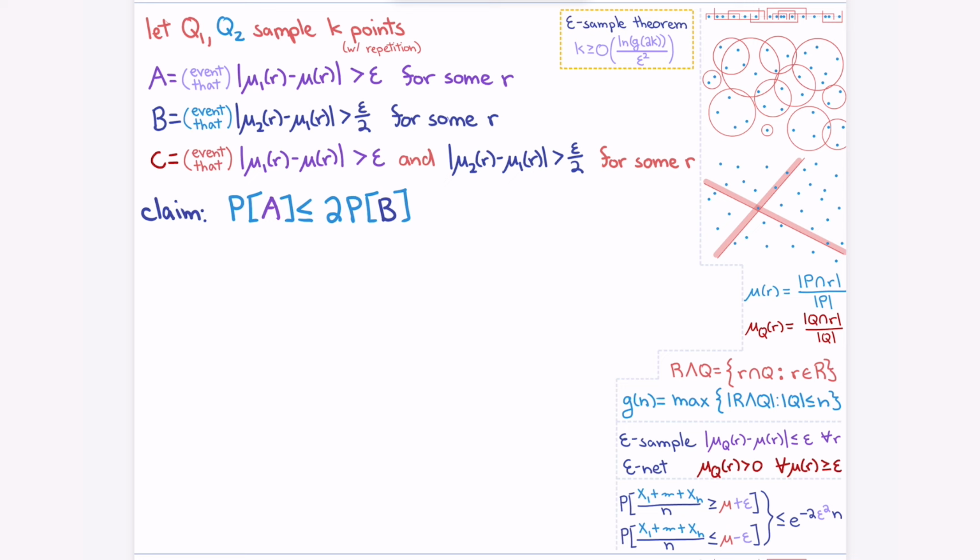Okay, so the probability of B is going to be greater than, so this event C, which is like two things happening for the same range, is just harder than one thing happening for the range, right? So this is bigger than the probability of C, and C encapsulates A. This seems like such a weird thing to do.